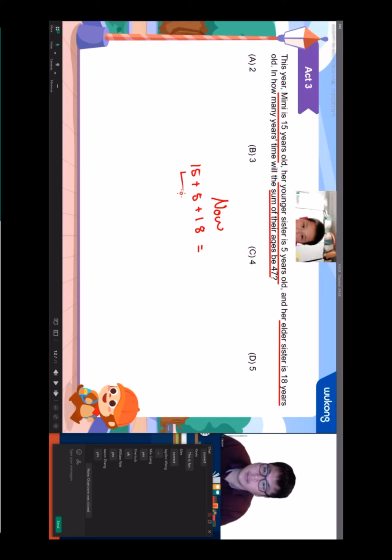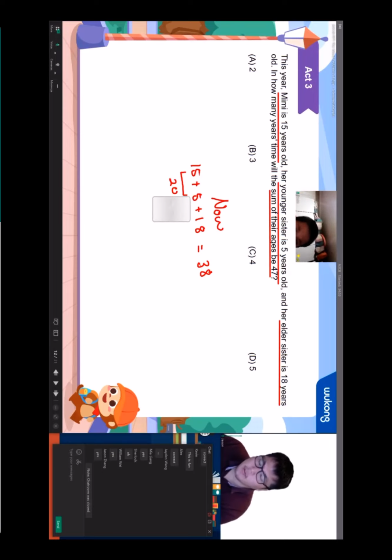Yes, that's right, because 15 plus 5 is 20, and 20 plus 18 is 38. Good. So that's the first step. And now, let's have a look at our sum this year. So it's 38, but we need to go to 47.